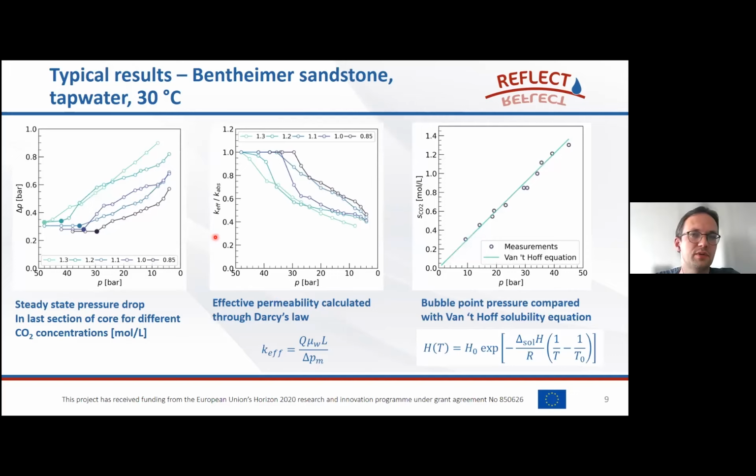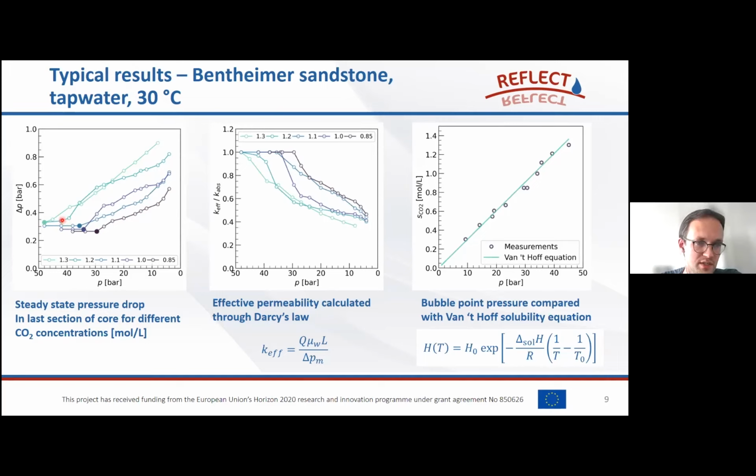And this is the typical kind of result that we're getting from this, in this case for a Bentheimer sandstone at 30 degrees Celsius. So we are doing an experiment where we are decreasing pressure inside the core. So we started at a certain pressure and then decreased the pressure. And at a certain point, we find that the steady state pressure drop in the last section of the core starts to rise. And the point at which that happens is what we find is our onset of degassing.